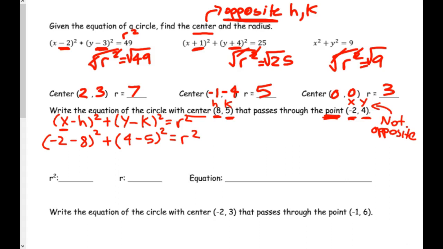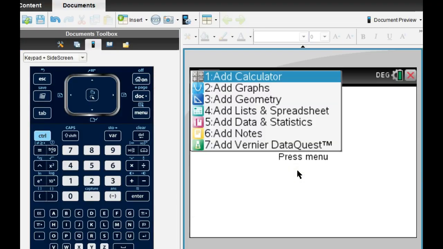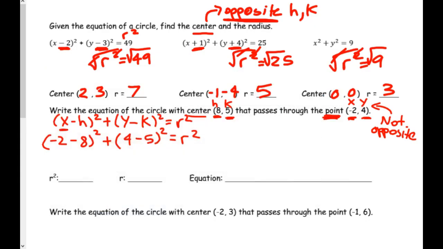So, to make your life easier, you should type this entire left side into the calculator in one step. So let me first clear this out. Okay, so what are we doing?